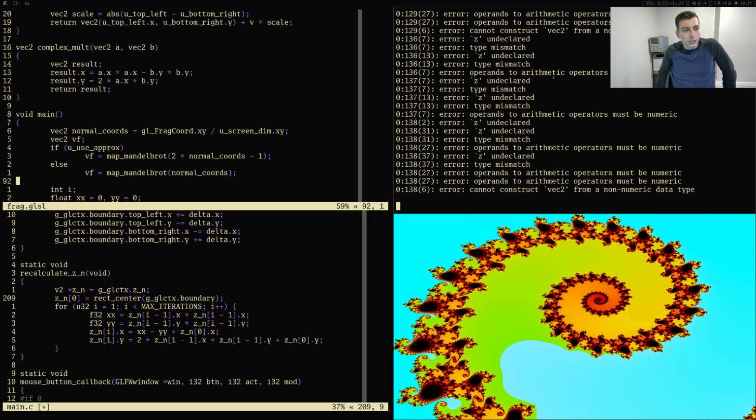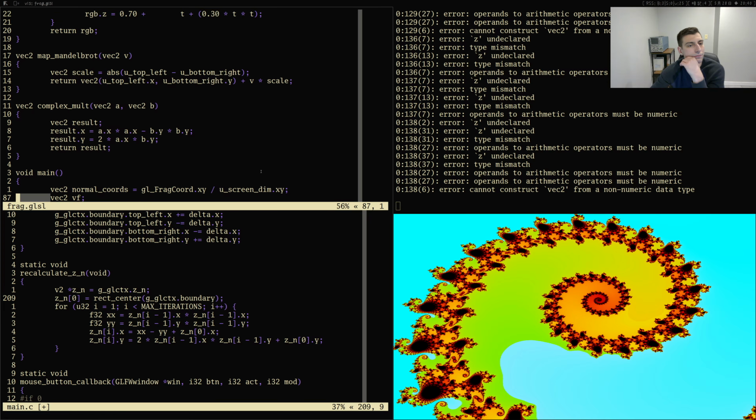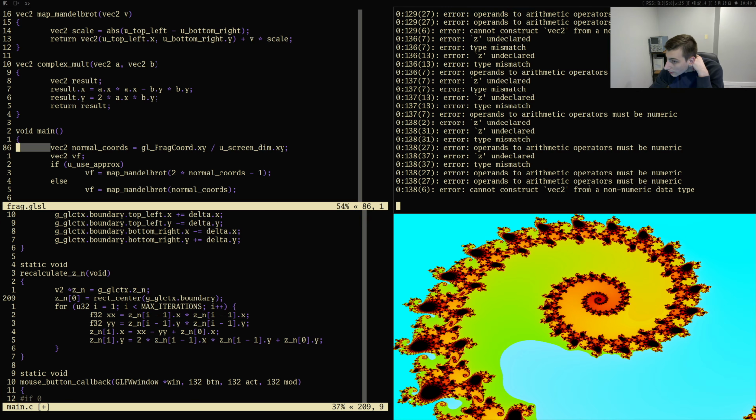What happened here? So, cannot construct vec2 from non-numeric data type. Normal coords.